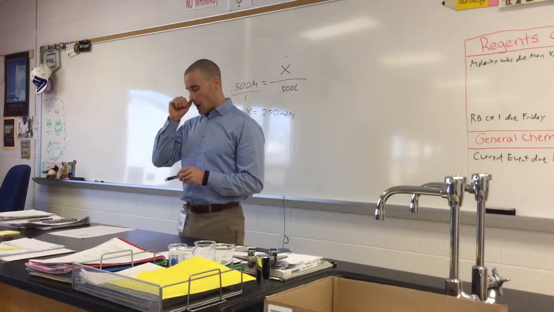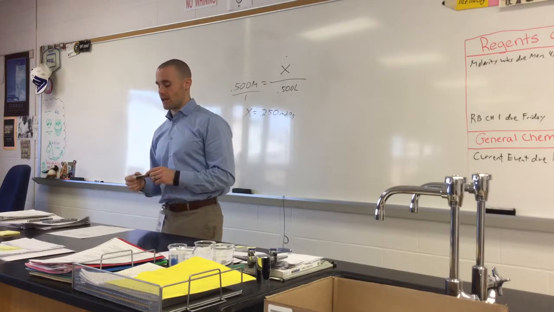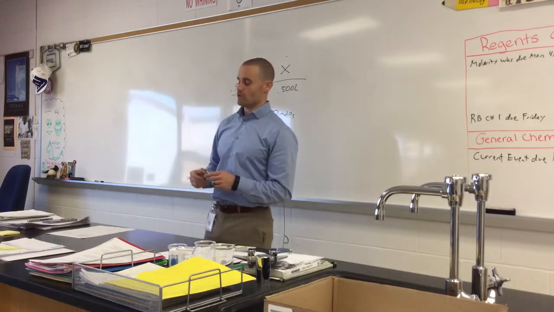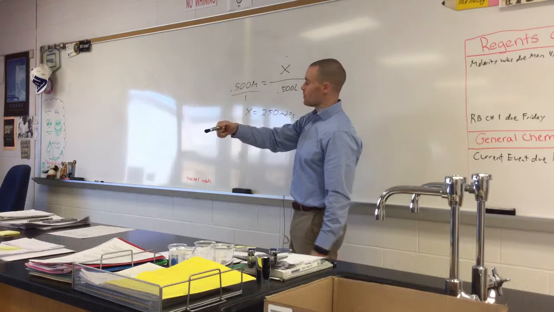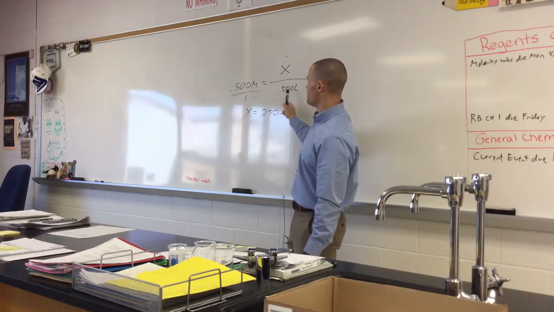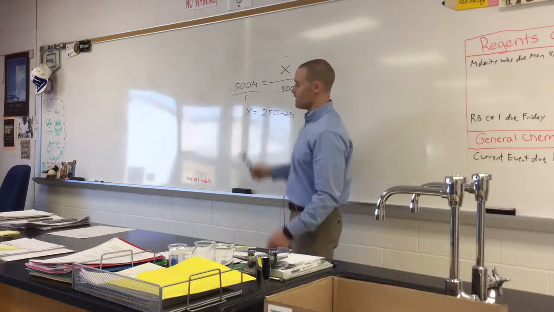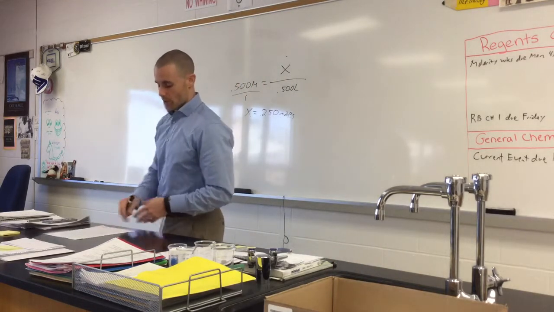Letter F, 0.145, 3 sig figs again, 0.145 moles. So again, it's the same setup every time for the front of this worksheet. You just have different molarity, different volume. Don't forget it has to be liters. Cross multiplied. That's how we got moles on the front. All right, flip it.